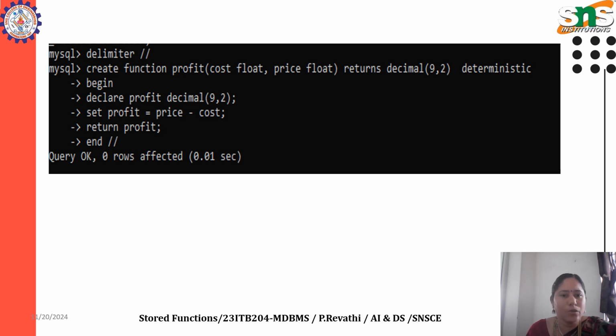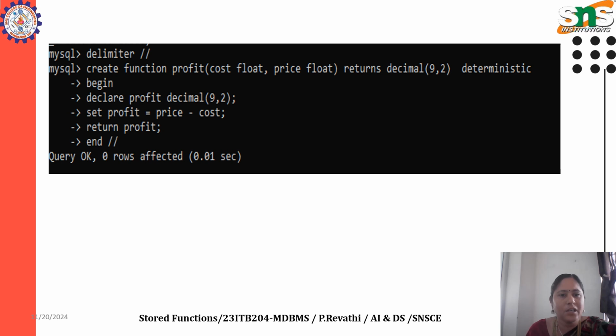Next, we will see how to create a function. First, you have to mention delimiter, create function. Function name is profit, then cost float, price float. These are the parameters inside the function name, that is cost and price. It returns the decimal data type, and then you have to mention the size, 9 comma 2, deterministic.